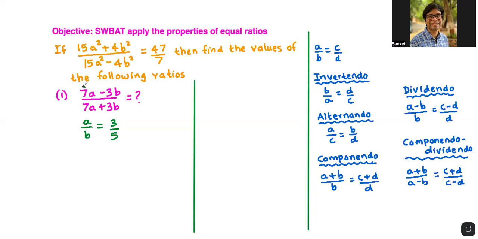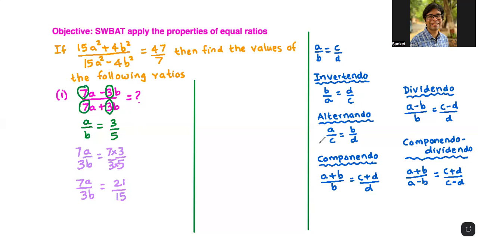And here I can see that a is multiplied by 7 and b is multiplied by 3. So I multiply a with 7 and b with 3, and do the same thing on the right hand side. So I get 7a upon 3b is equal to 21 upon 15.